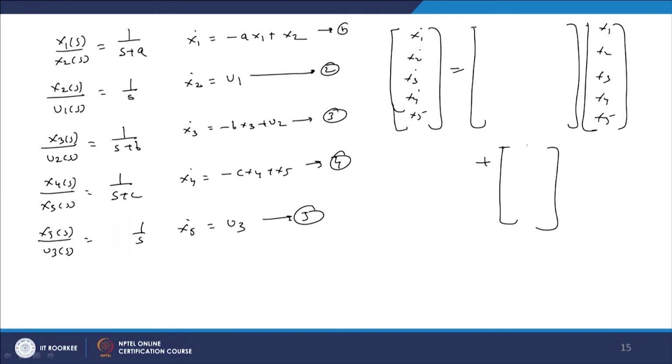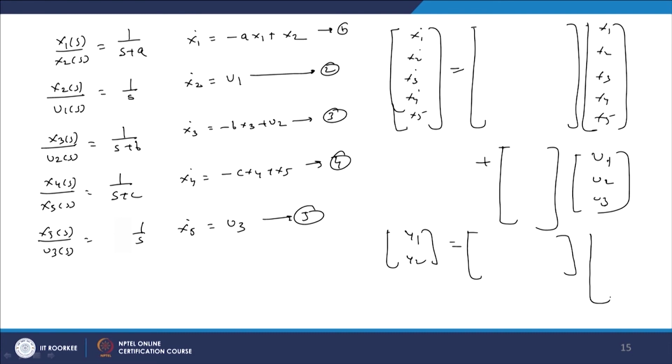So, here we can say the inputs are u1, u2, u3, and we have to represent output as y1, y2. So, u1, u2, u3 correspond to input, y1 and y2 correspond to output.